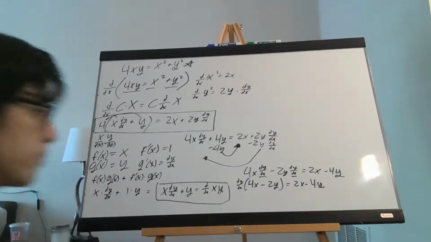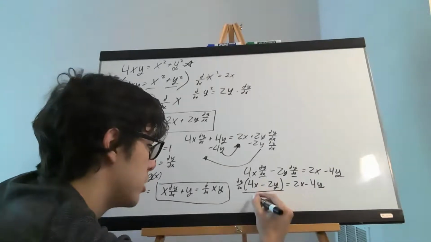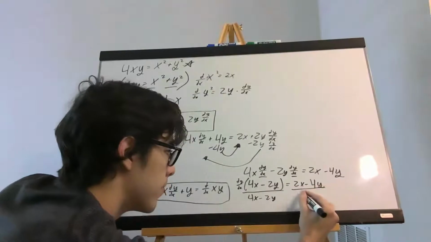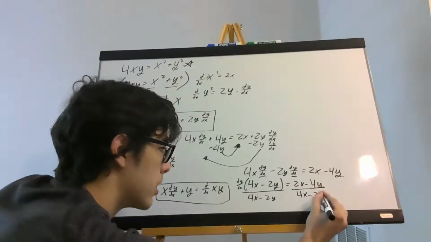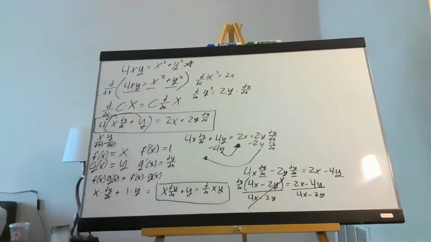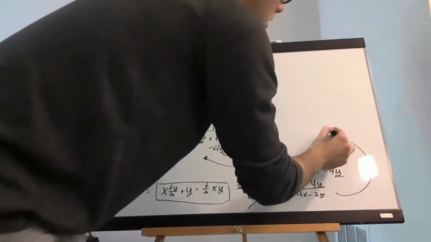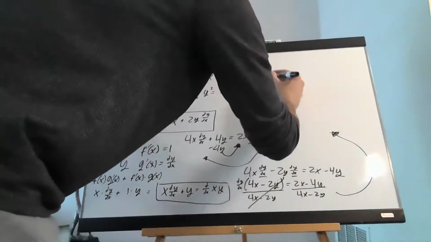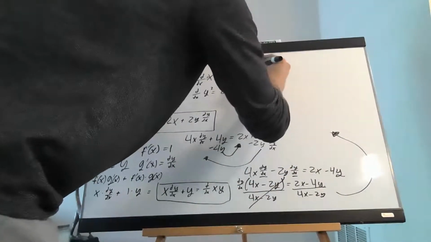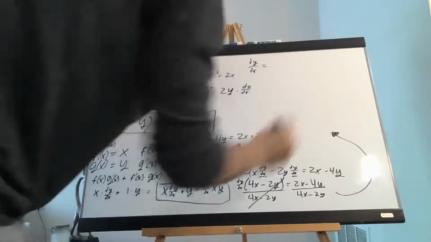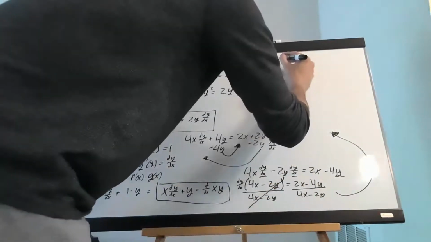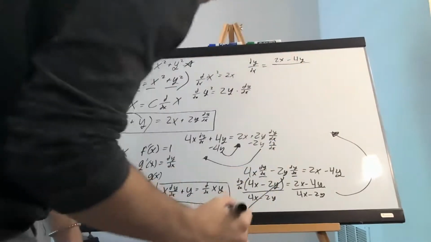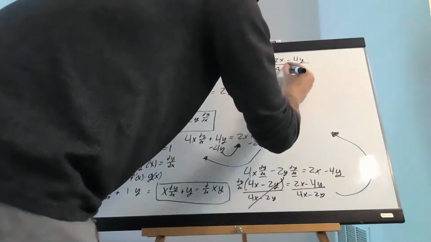And then all we simply have to do is divide both sides by this term right here, 4x minus 2y, which brings us up here. And that gives us, I'm just going to write it nice and big because I can, dy/dx is equal to (2x minus 4y) divided by (4x minus 2y).